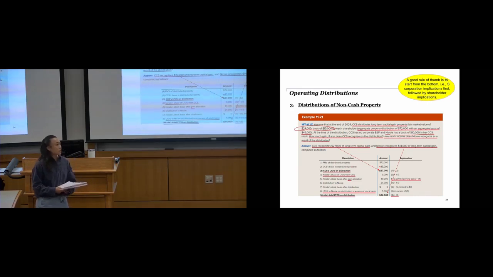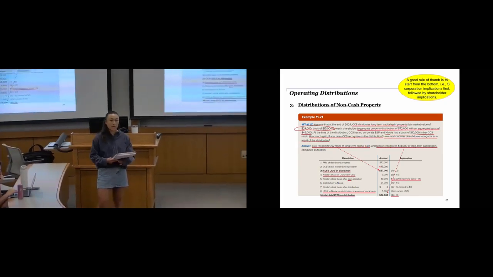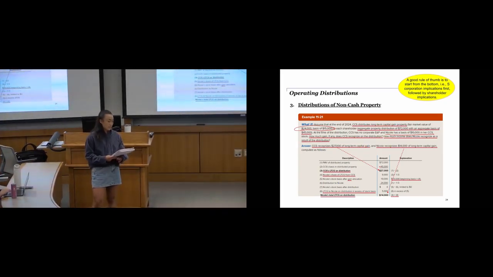So CCS is going to recognize 27K of long-term capital gain, and then Nicole is going to recognize 14K of long-term capital gain. CCS's gain is just calculated as the fair market value of the distributed property, which is 72K, and then we subtract out the basis in that property of 45K.